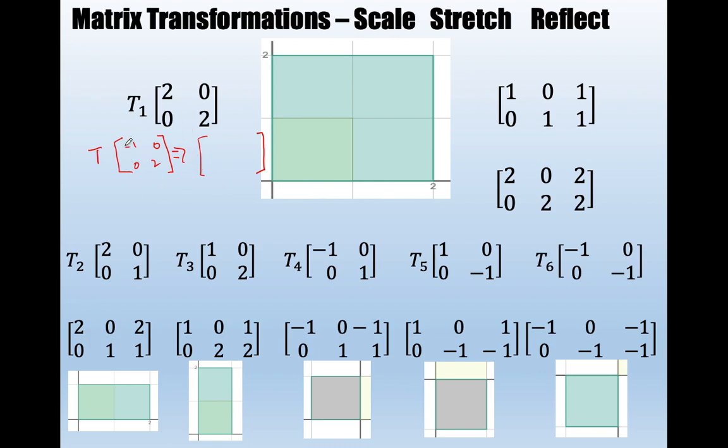It's going to flip things. It's going to multiply the 0, 1 by 2. And then since it's flipped, isn't that what I'm going to get?